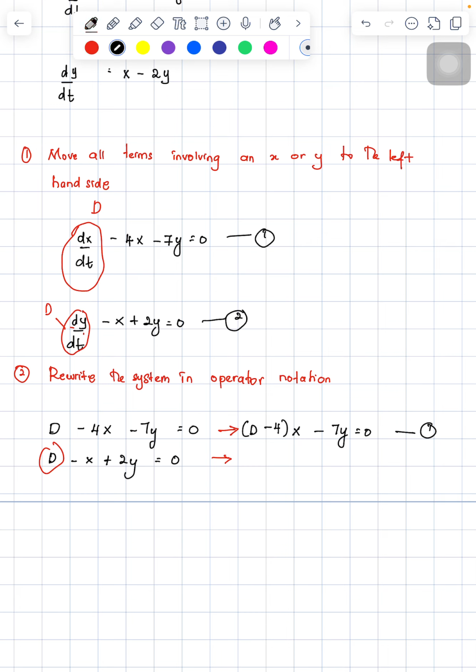So it becomes (D plus 2)y minus x equals 0. This is equation number 2.